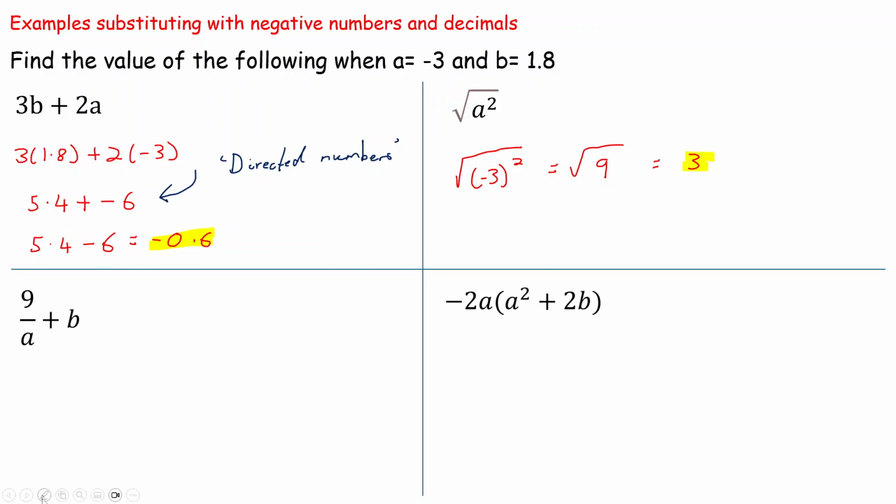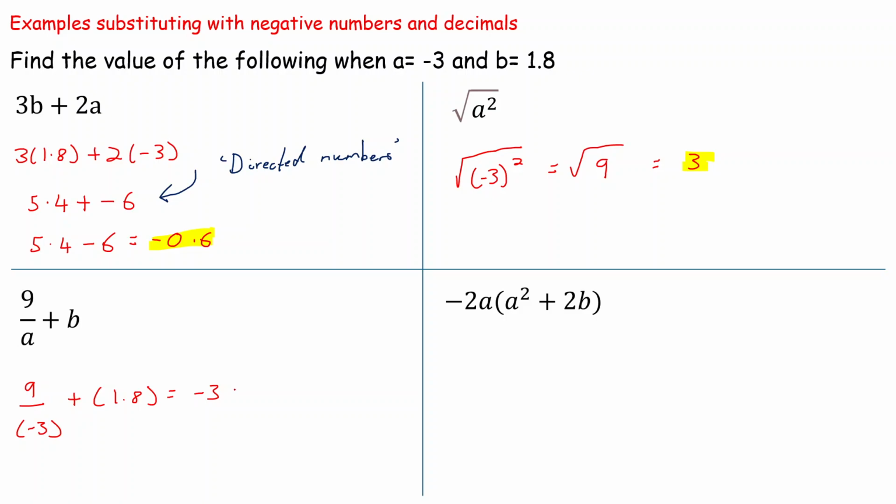Good. Okay, next one, we've got 9 divided by a plus b. So just substitute in your values. So we've got 9 divided by a. A is equal to -3, so dividing by -3, and we're adding on our b value, which is 1.8, and again, substitute using a bracket. 9 divided by -3 is -3, because you've got 1 positive divided by 1 negative, you get a negative answer.